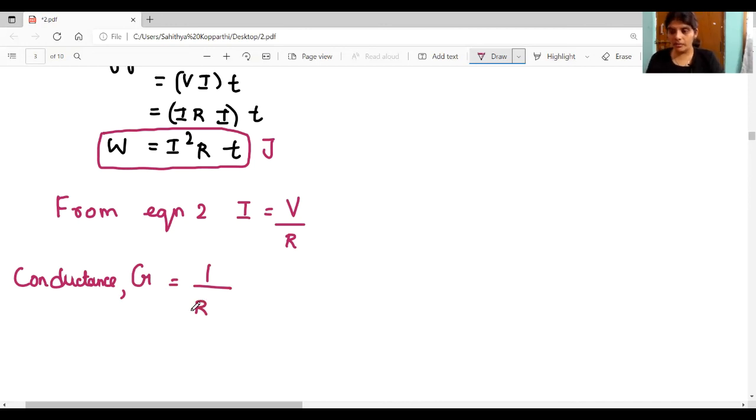Conductance is the ability to allow the current to flow through the material.